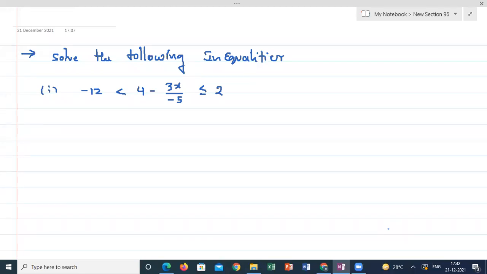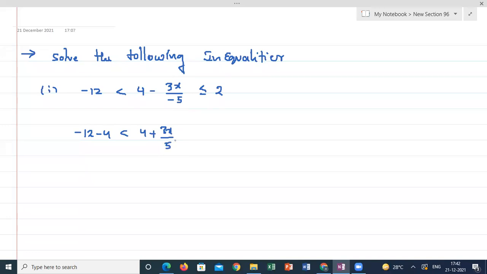No, 23 won't come. Let's see, first what you have to do: remove the constant. To remove the constant, I am subtracting 4; even subtraction doesn't affect the sign. Minus 12 minus 4 less than (4 minus 3x by minus 5) minus 4 less than or equal to 2 minus 4. Here inside this expression only I am doing the calculation, so it doesn't affect the sign.